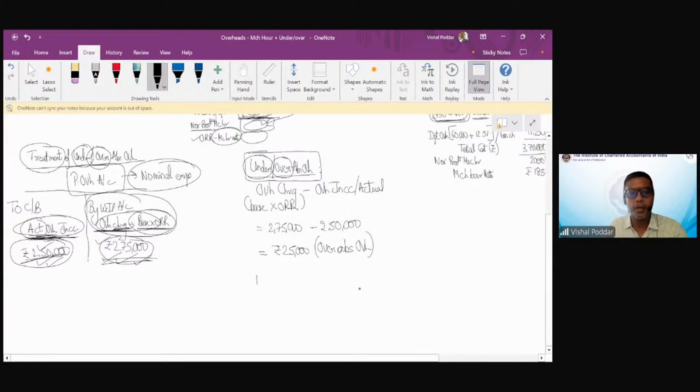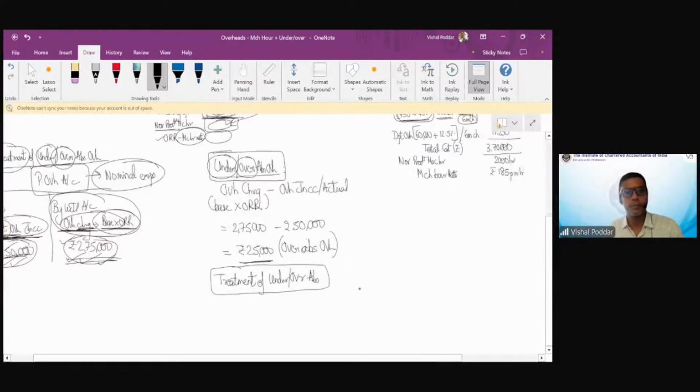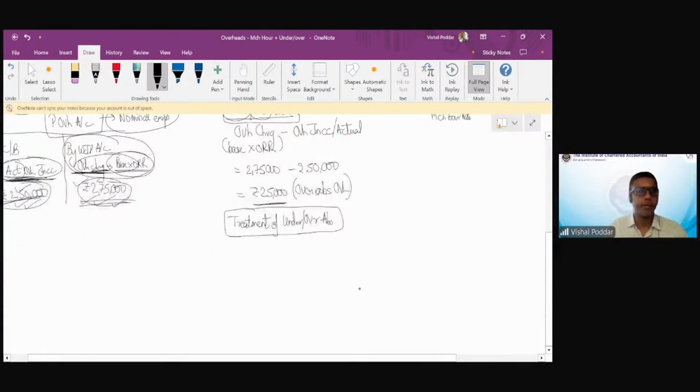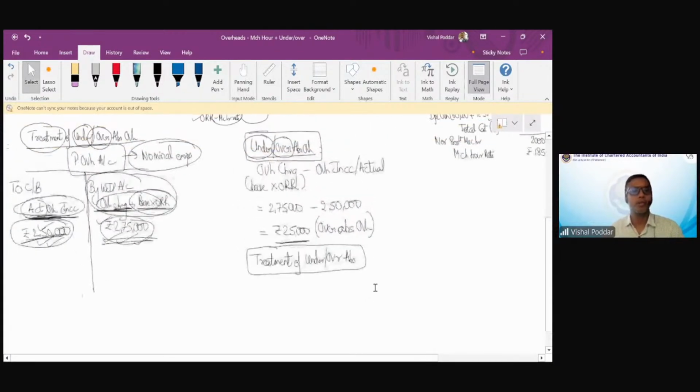Then comes the second part, which is treatment of under/over absorption. Whatever this figure you have got, let us say in my example 25,000, what do we do of that treatment? Now, what do you mean by treatment conceptually? It means, now see, this is a nominal account as I explained.